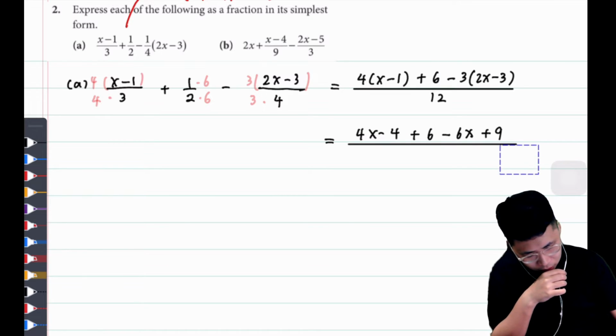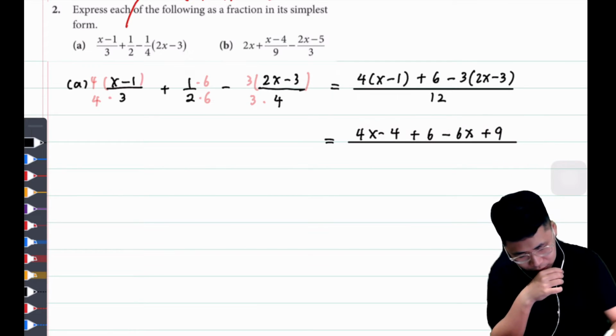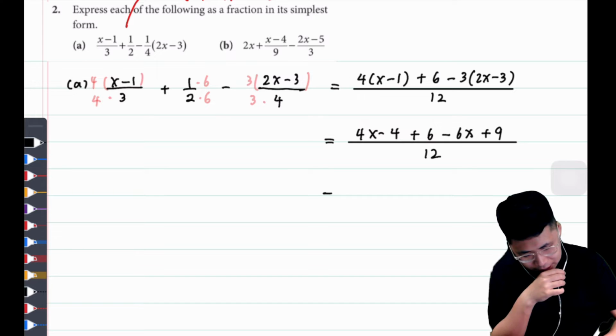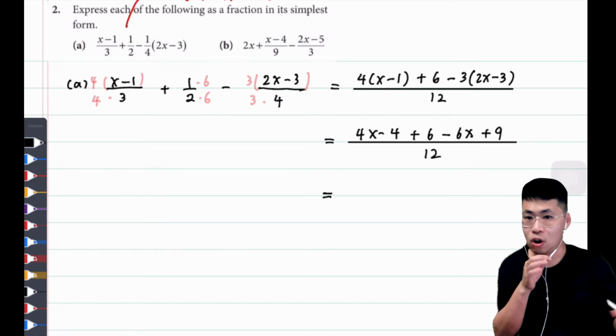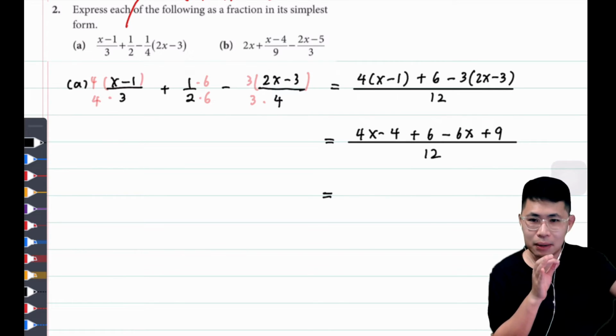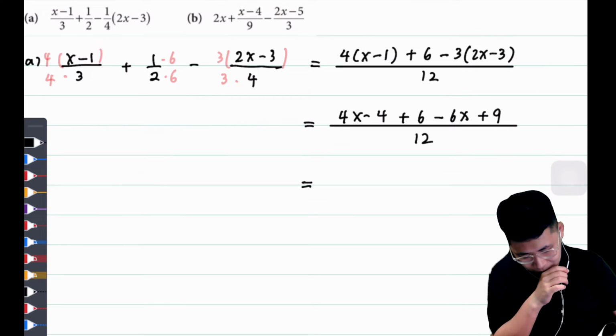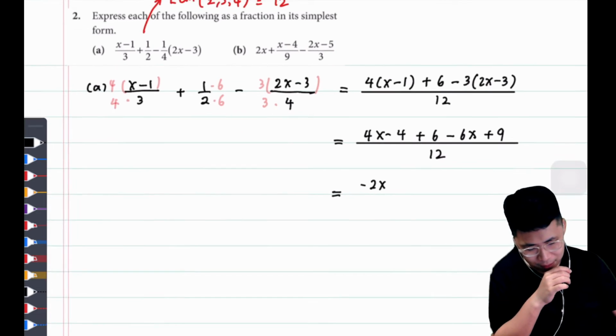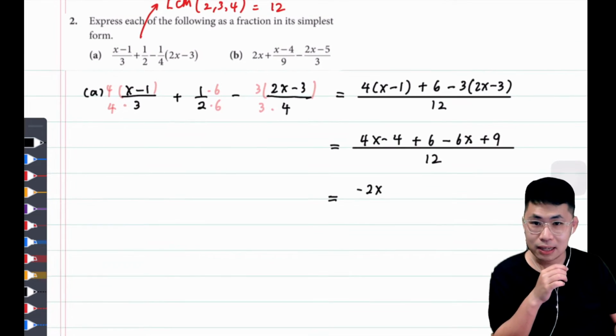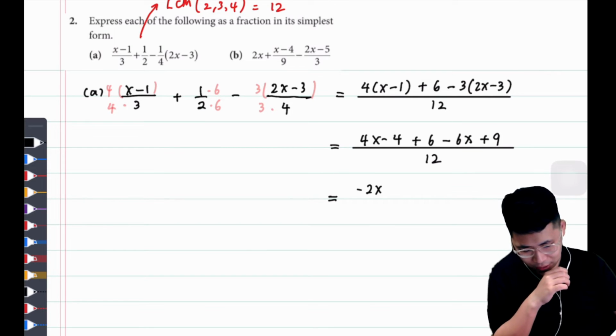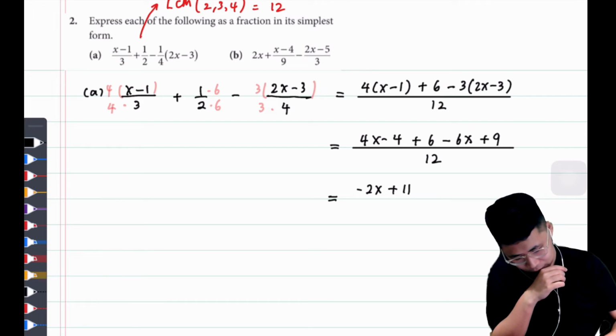Okay, all over 12. So with this, let us add the like terms together. All my x's, so 4x minus 6x, we have a minus 2x. So minus 4 plus 6 plus 9. So all the numbers, we have plus 11, right? So whole thing divided by 12.